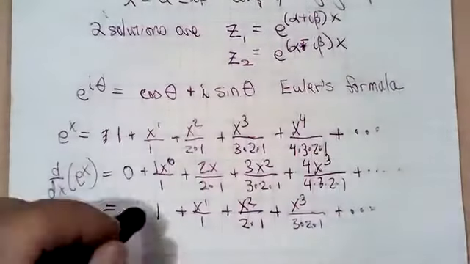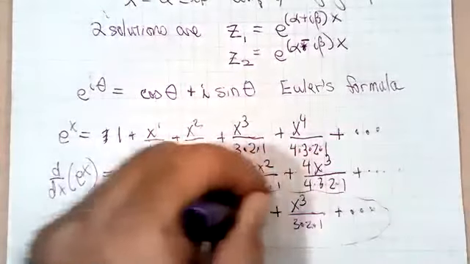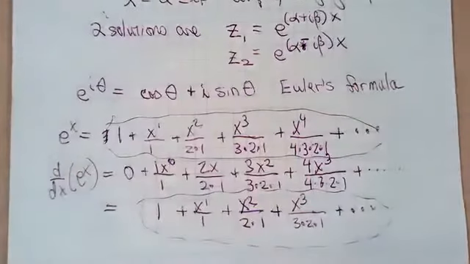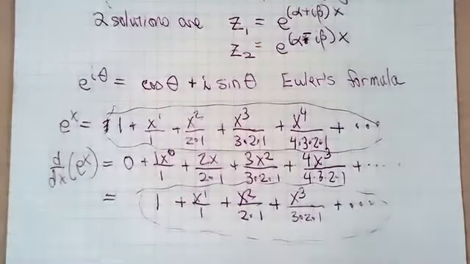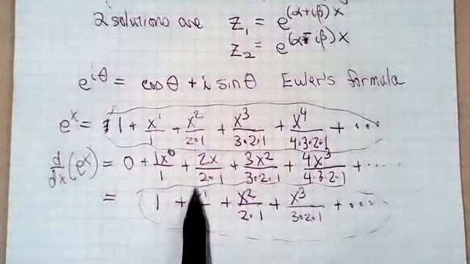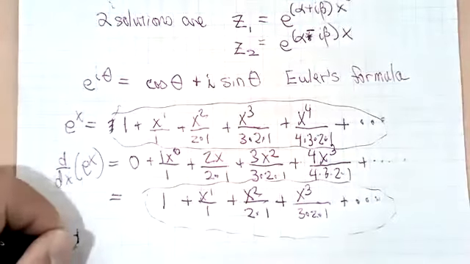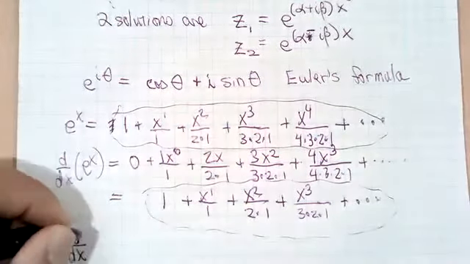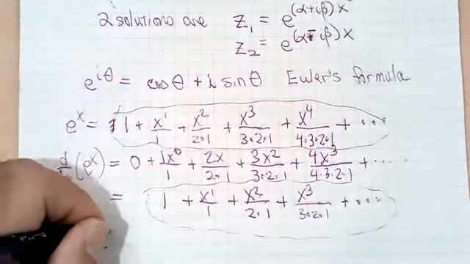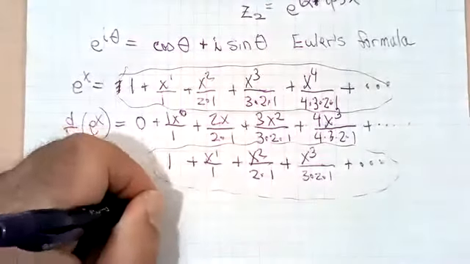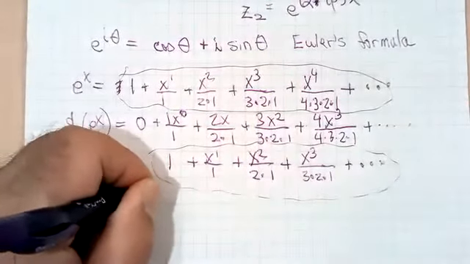And if you look at this line here and this line here, you will come to the conclusion, oh my gosh, we got the same series back that we started from. So when your Calculus 1 teacher said the derivative of this function is itself, they were not lying.